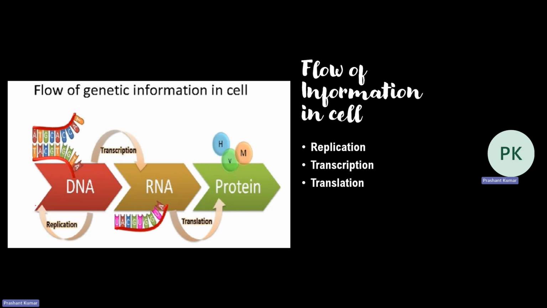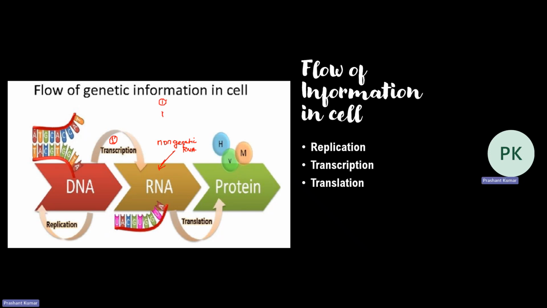So you can see here, first the DNA is going to make a copy of the RNA molecule. So this RNA molecule, which is produced here, is non-genetic RNA. When we say non-genetic, generally we have three types.